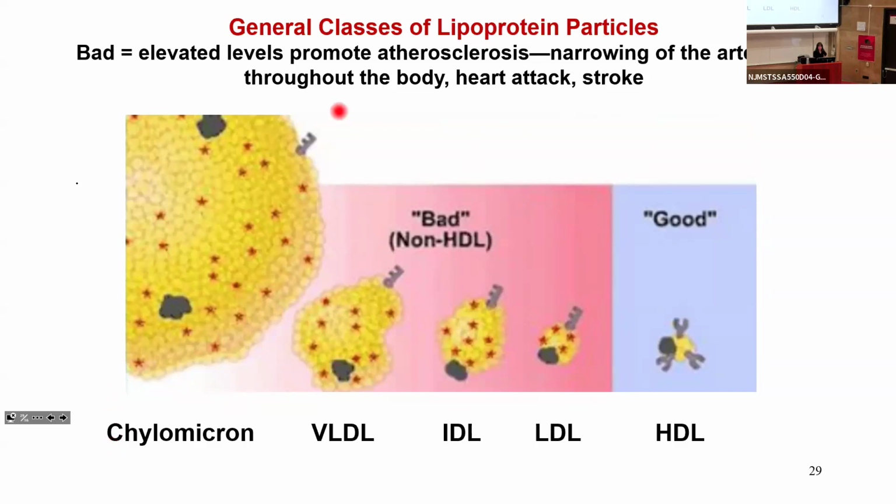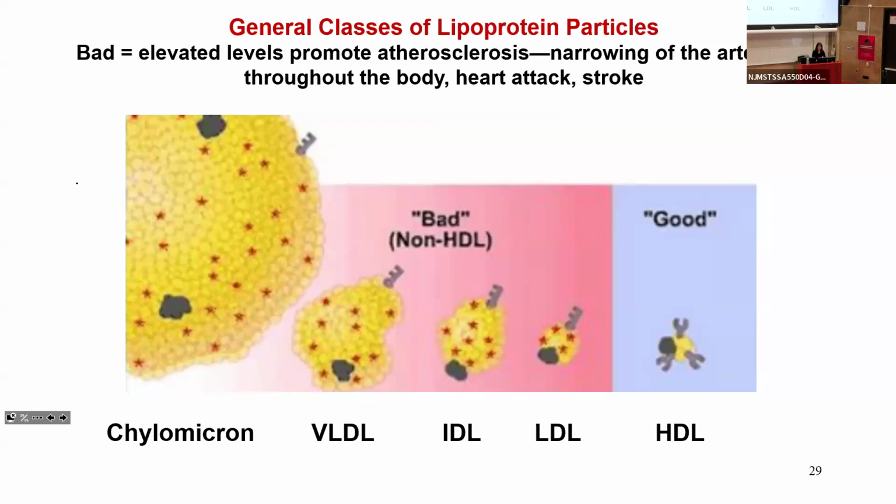Chylomicrons, which I told you about just briefly. This is what's responding to what you're eating. It's packaging triglycerides. That's its main purpose, to transport triglycerides. Also considered not so healthy, VLDL. I'll tell you what all these initials stand for in a moment. IDL, LDL, and only one of these particles is considered good, HDL.